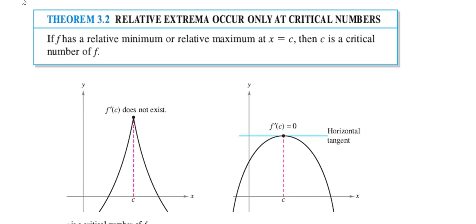They might say there's a local max at x equals 4. What can you tell me? Well, maybe the derivative equals 0 at x equals 4, or the derivative is undefined at x equals 4. So if we already know that extrema occurs, then we can go backwards and say the derivative either equals 0 or it does not exist.